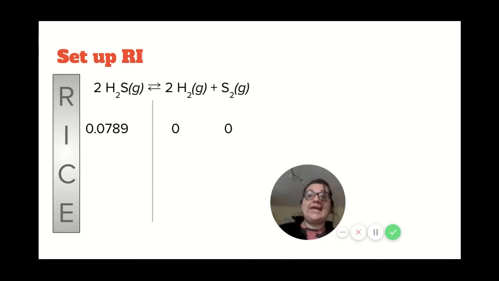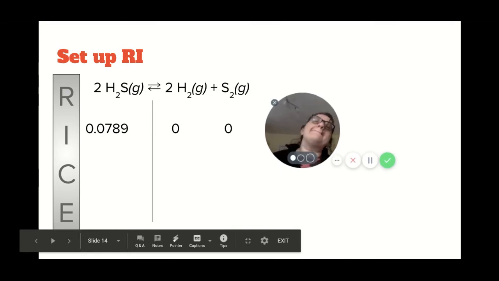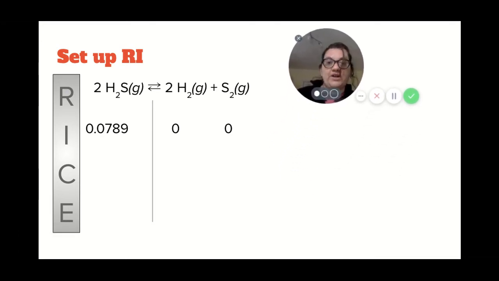So in this case, I'm starting with 0 molar of 2 of the products. If any species, either a product or a reactant, is 0, I can only increase. I cannot have less than 0 of something. No negative numbers.